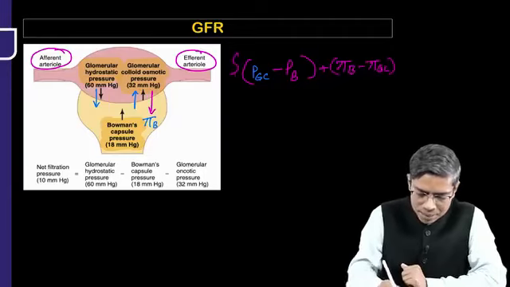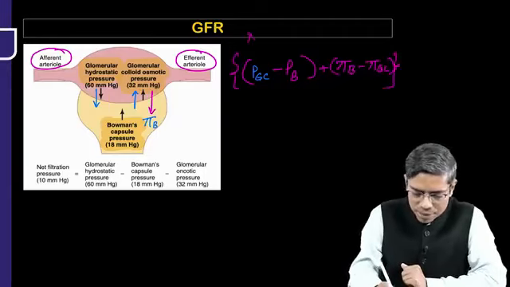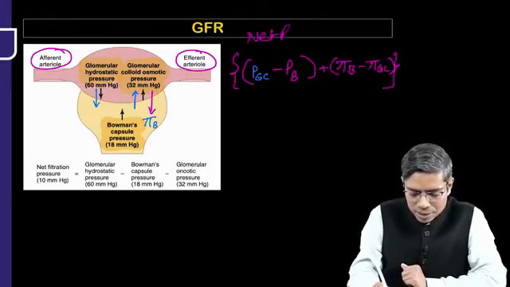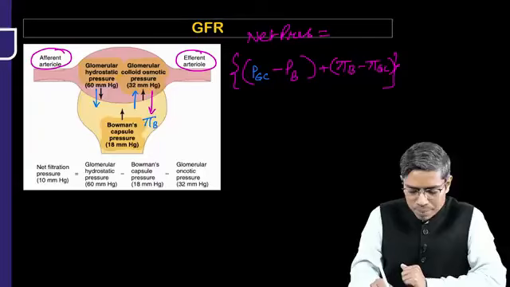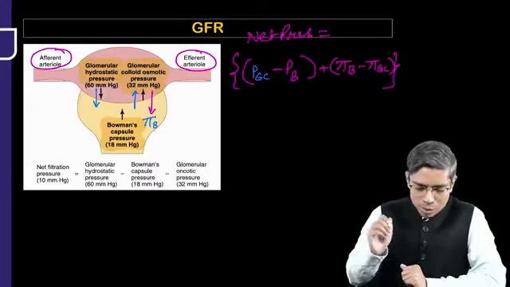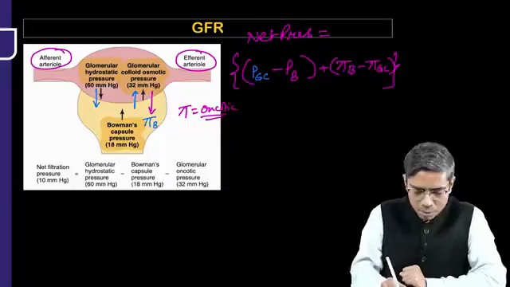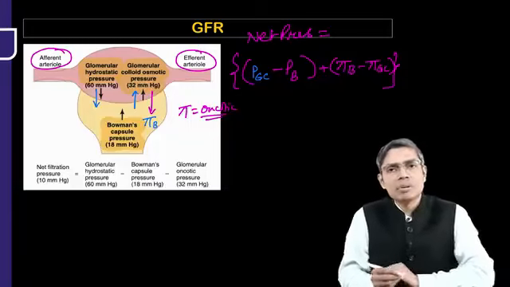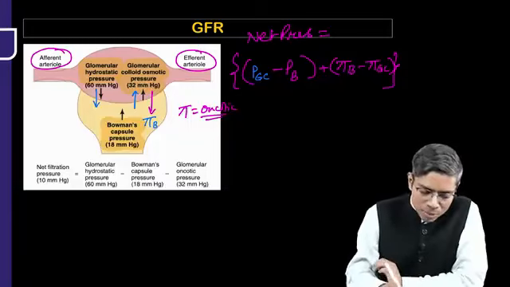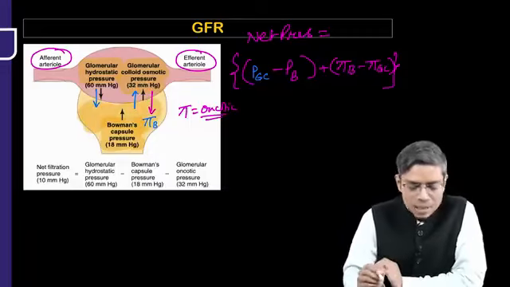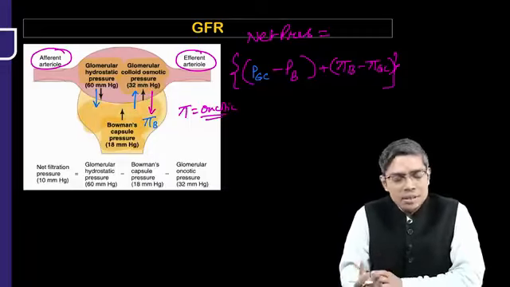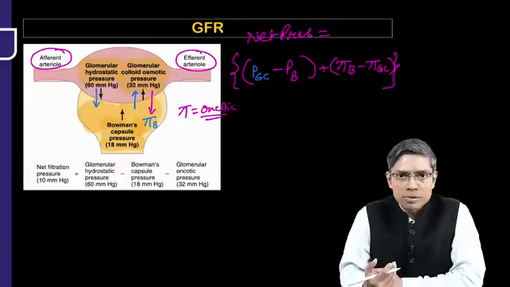This is the net filtration force calculation formula: PGC minus PB plus pi B minus pi GC. Now, oncotic pressure depends on the amount of plasma protein. At the level of Bowman's capsule, the amount of plasma protein is very, very less, because filtration of plasma protein is not going to happen.